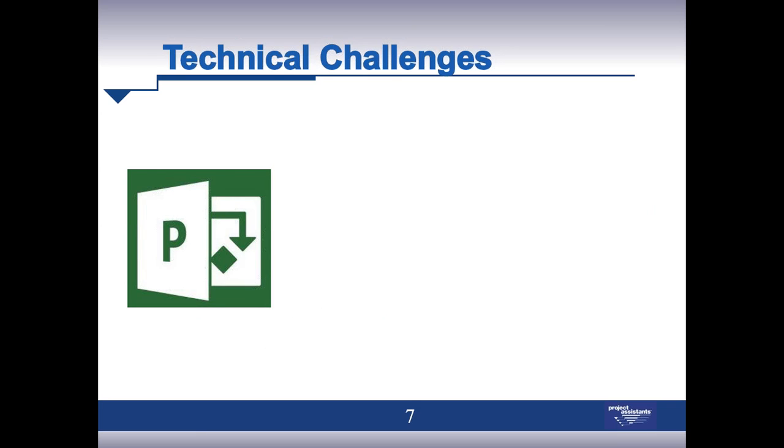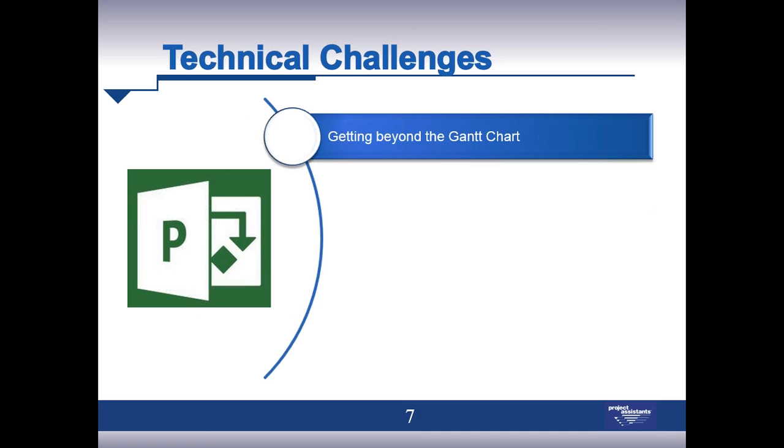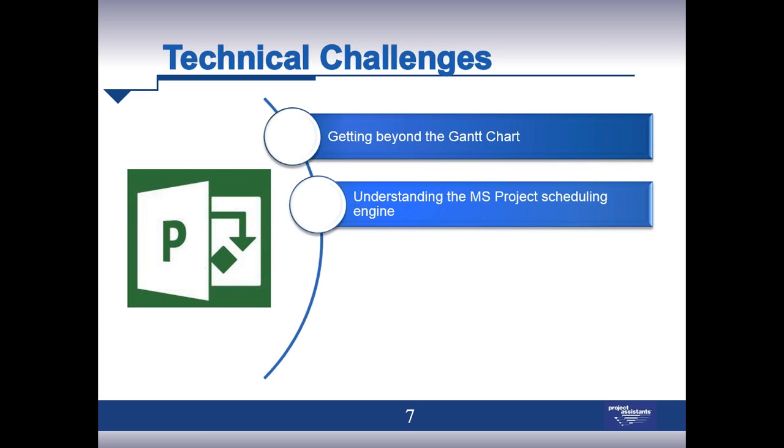In terms of technical challenges that we see, most of us can deliver a pretty looking Gantt chart with some nice colors and timelines. Today we're going to talk about getting beyond the Gantt chart. How do we be more proactive to make sure that we keep projects on track? And what are some of those techniques? We'll share some of those today.